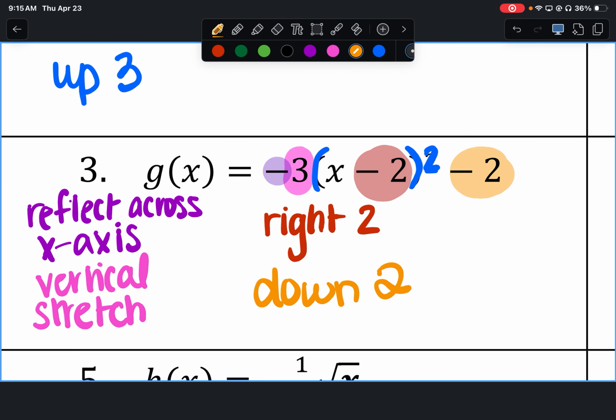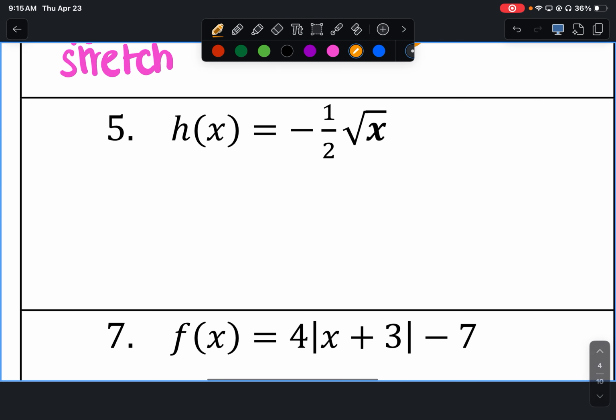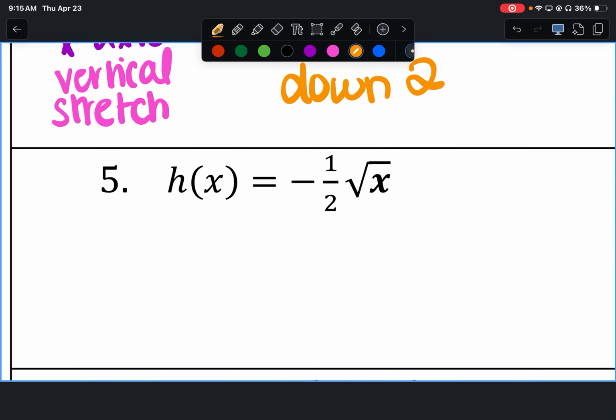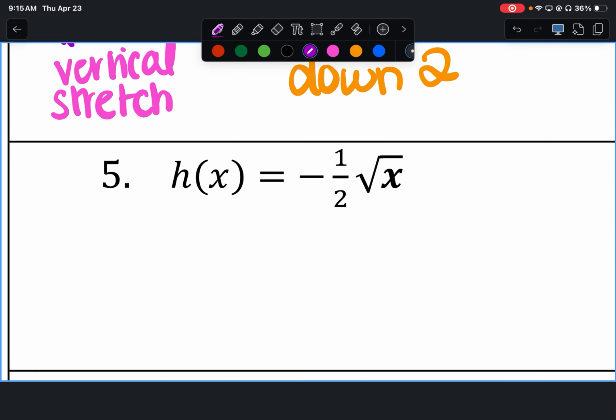Okay? Number 5. This one is our square root function. So the inside of this function would be what is underneath the square root. So if we start at the beginning of this, what does that minus at the very, very front cause? It causes it to reflect across the x-axis.